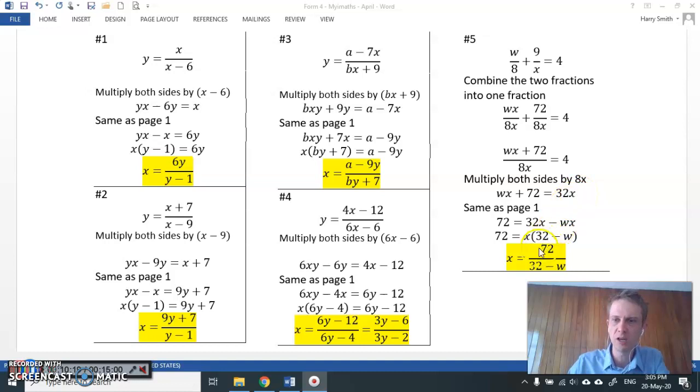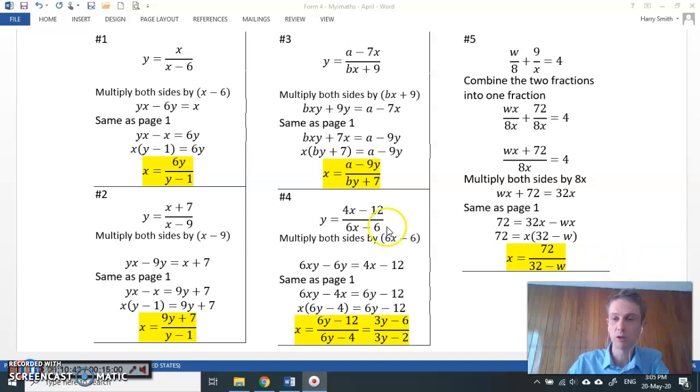Okay, if you did that, you'd get a minus 72 here, minus 32 plus w, but it's not as good. Yeah, so we're going to move this wx onto this side so that this 72 stays positive. Okay, moving that over there. That gives us that one there. Factorising that, taking out your x, and then dividing by 32 minus w.